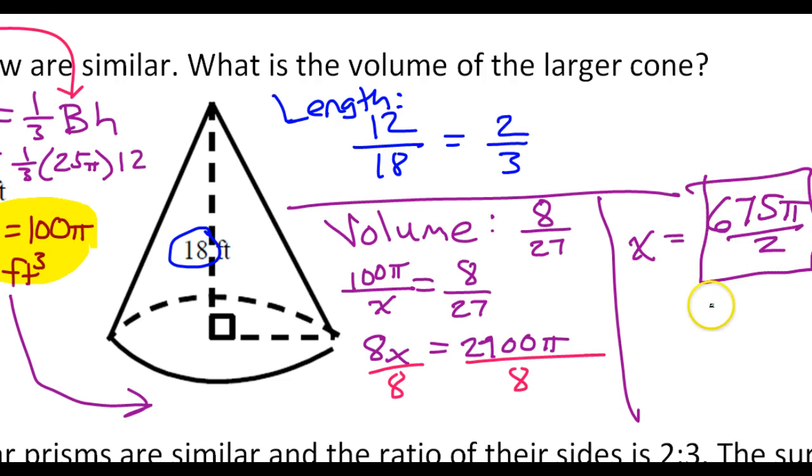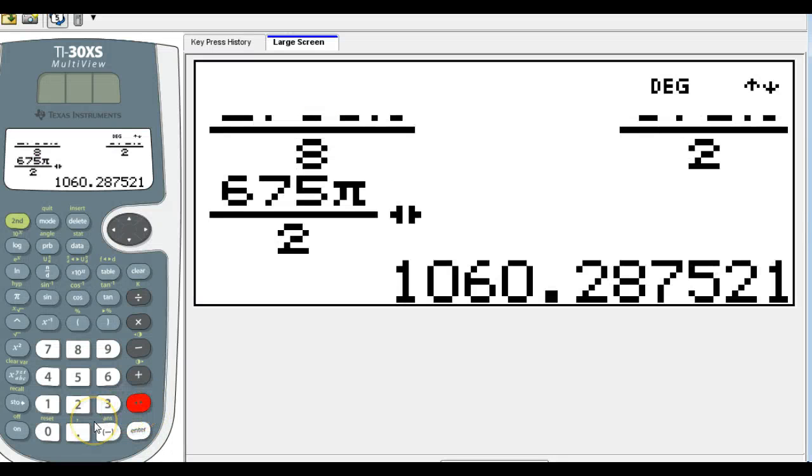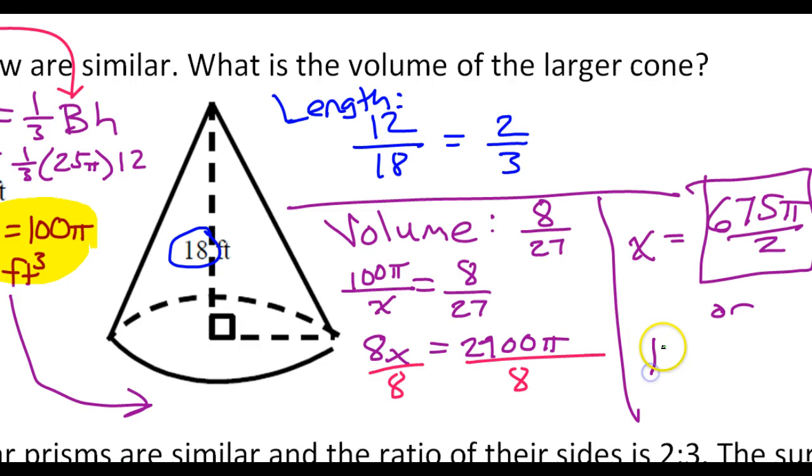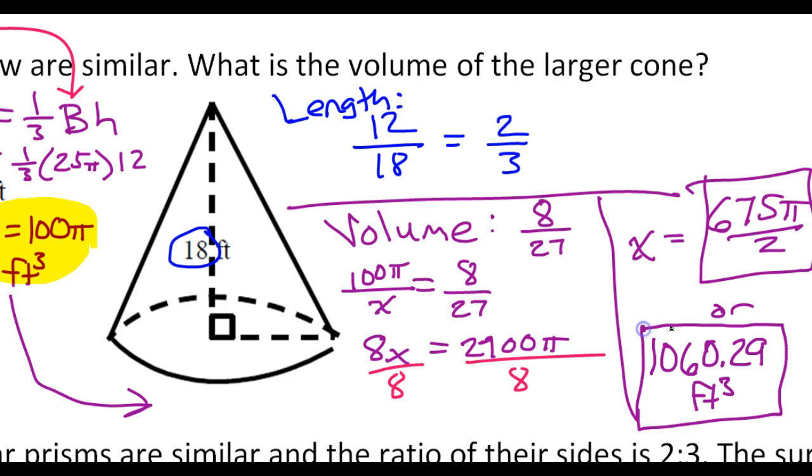This is the answer, but sometimes you want a decimal, so that would be 1060.29. Either way, the units will be cubic feet. That would be the volume of the larger cone, either in exact or decimal form.